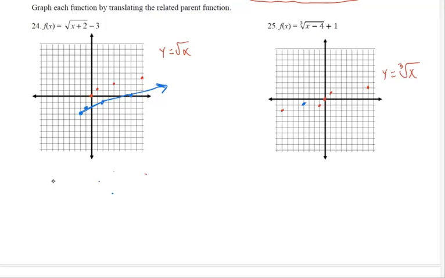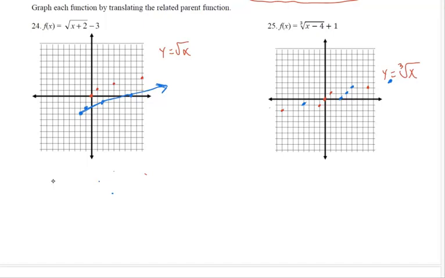All right, I just did this one. Now let's go here. 1, 2, 3, 4, up 1. Here in the middle at the origin, 1, 2, 3, 4, up 1. This one, 1, 2, 3, 4, up 1. This is going to go off, so you just kind of guesstimate 1, 2, 3, 4, up 1.